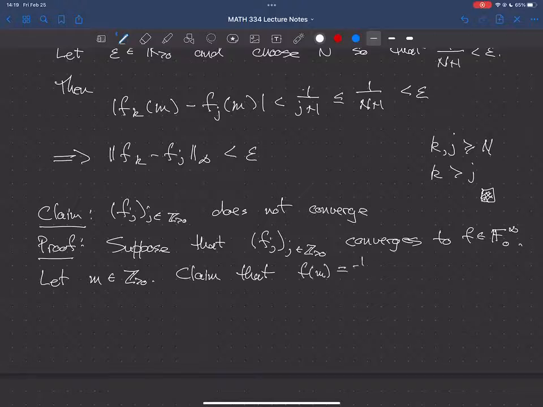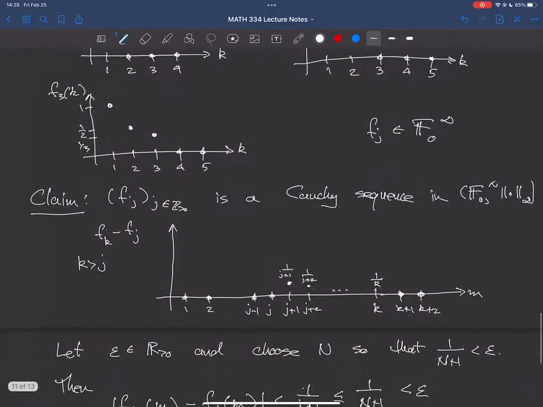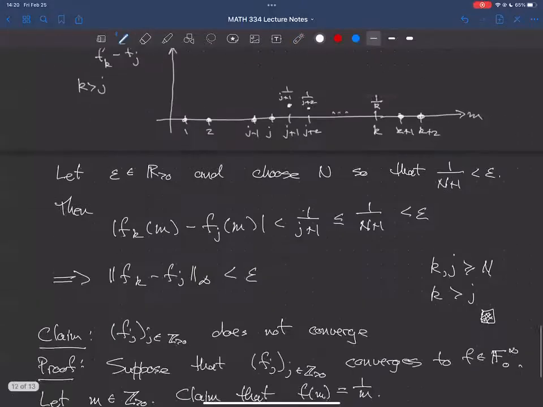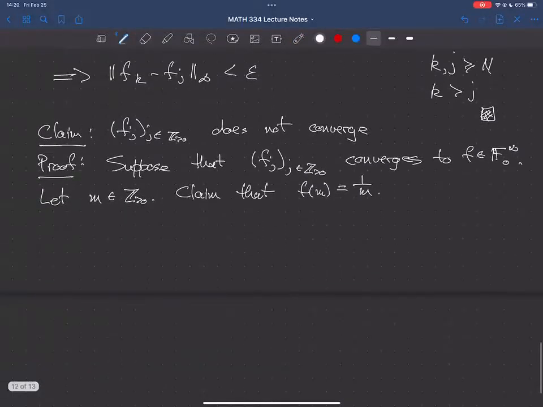And of course, the value is going to be this. If you sort of eyeball what's going on with these plots of these functions fj, that's kind of the obvious thing. So I'm fixing an m, and then I'm going to prove that f at that m has to have that value. So suppose not.